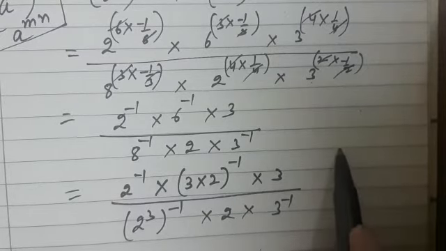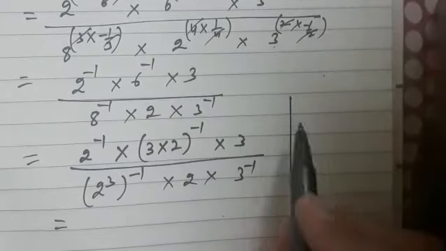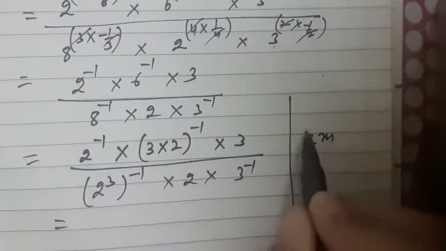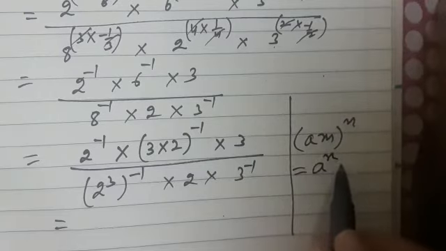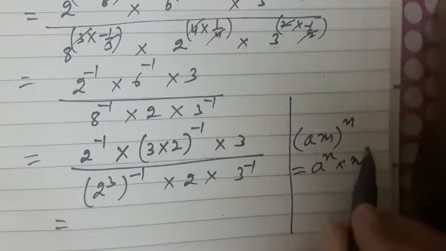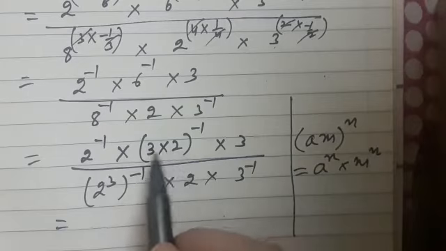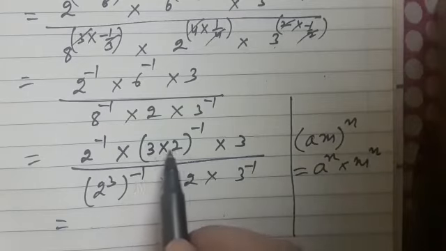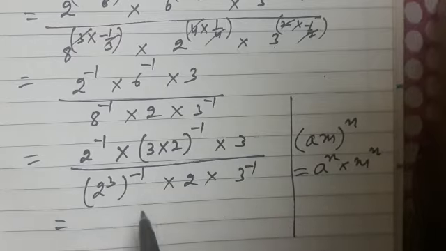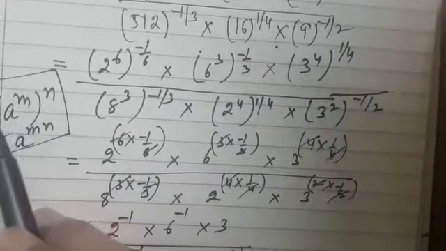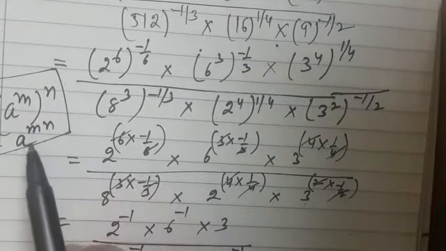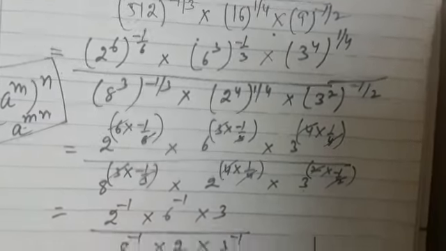So here you can write that a m raised to the power n is equal to a raised to the power n into m raised to the power n. We will be using it here for solving this. And earlier I also wrote the law a raised to the power m raised to the power n is a raised to the power mn.